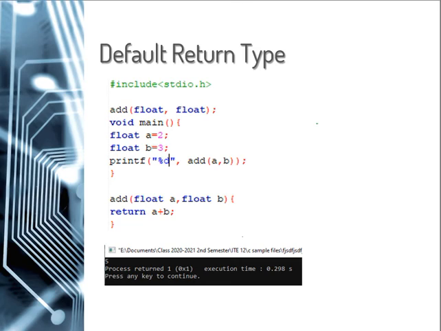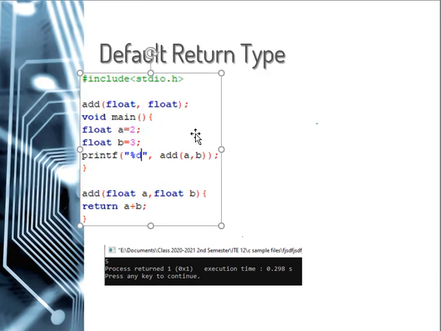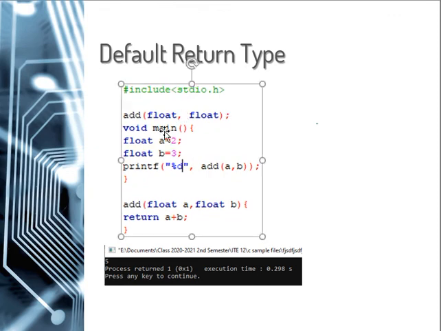Okay, so default return type. Unsay mga default return type ni sa atong C? Actually, ang default return type is not void but integer. So kung for example, dili mo magbutang og data type diri before sa inyong function prototype and before gud sa function definition, walay data type, kumbaga wala ka nabutang void ba ni, integer ba ni, float ba ni, and whatsoever, automatic by default integer na siya ang ihunahuna-on ana sa inyong compiler.